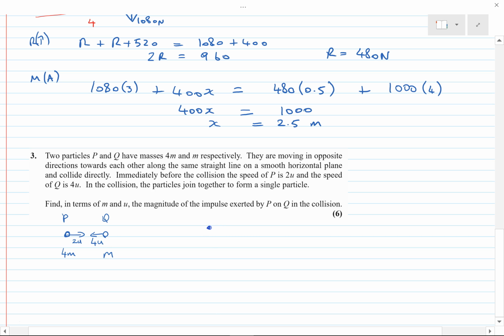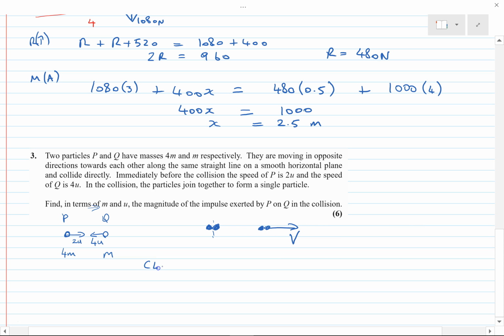Now we're told that on impact they join together. Sometimes the word coalesce is used. After they join together, of course they're going to go with velocity out that way. I know it's going to be that way because the momentum of this is greater than the momentum of this, so if they join together, they'd have to go that way.